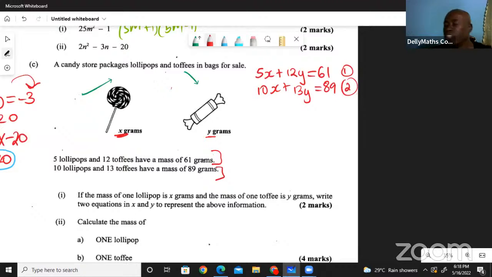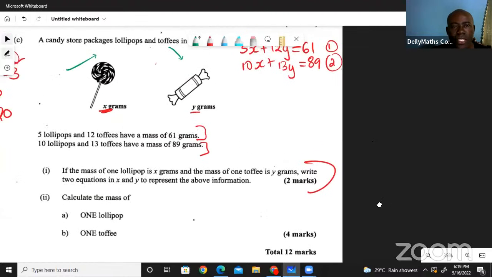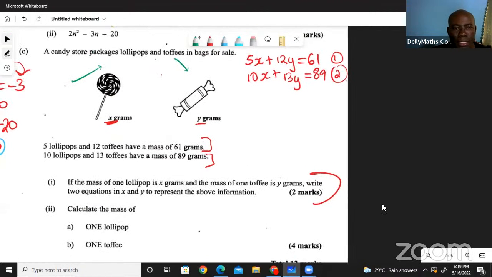So we have our situation 2 there. So right there, we could have quickly collected 2 marks just to produce those simultaneous equations. Now let's see what they want us to do with them. The question says, calculate the mass of one lollipop, that's A, and B, one toffee.